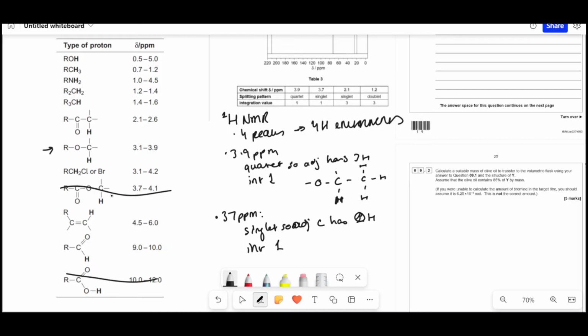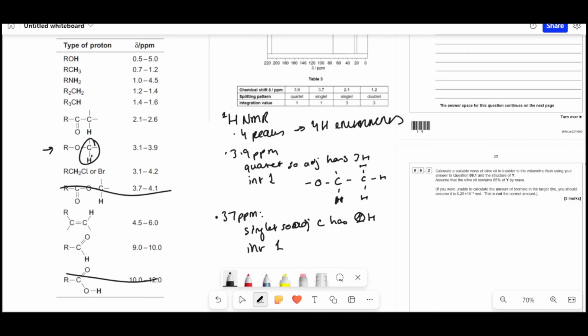It's probably not going to refer to this one because that's again talking about that carbon there. It's probably not this one because it says that its adjacent carbon would have 0 hydrogen. So it'd be another carbon with absolutely none of these being hydrogen. And its integration is 1, which fits that.